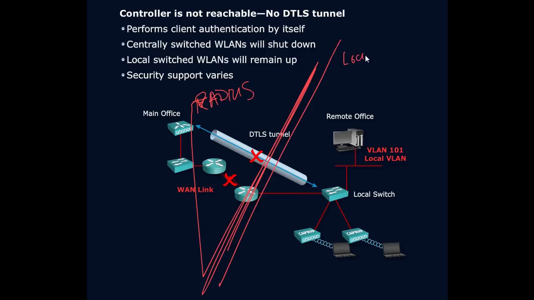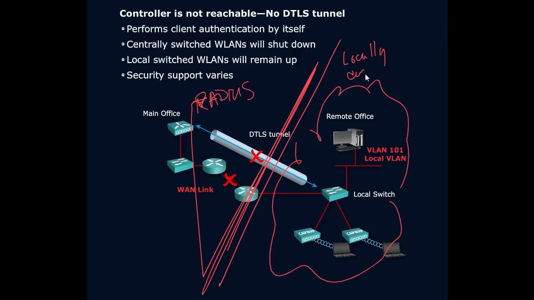This is one of the ones that it's tough to understand. A locally switched wireless LAN. Okay, so this wireless LAN exists here in this branch office, but is centrally authenticated. This is one of the ones you're going to have to think about. So I want to give you this scenario. Centrally authenticated to this Radius server over here.